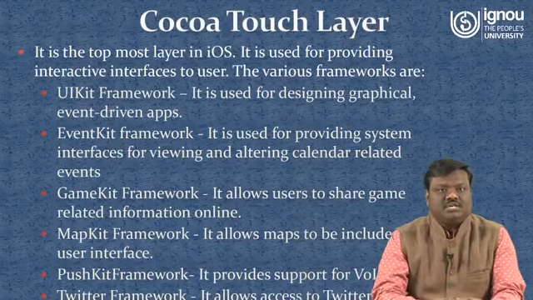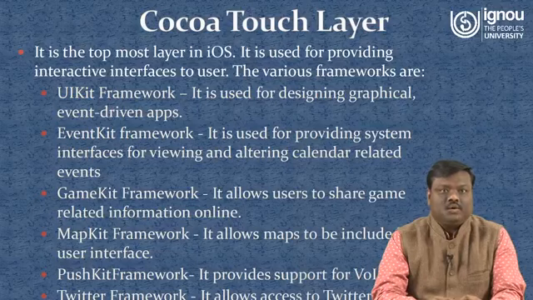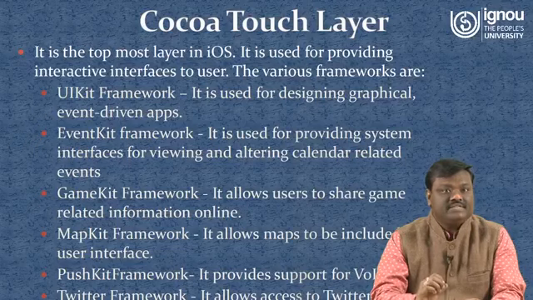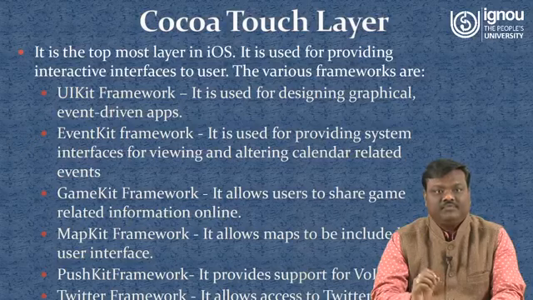Next comes the topmost layer, the Cocoa Touch layer. It is the topmost layer in iOS and is used for providing interactive interfaces to the user. Here there are various frameworks involved. One is the UI Kit framework, the user interface kit framework, which is a very essential feature of any mobile phone.